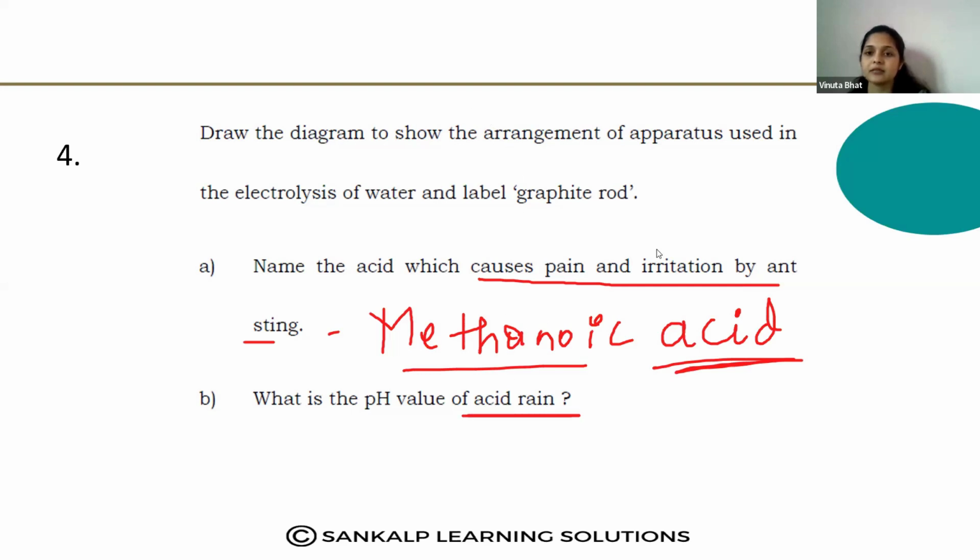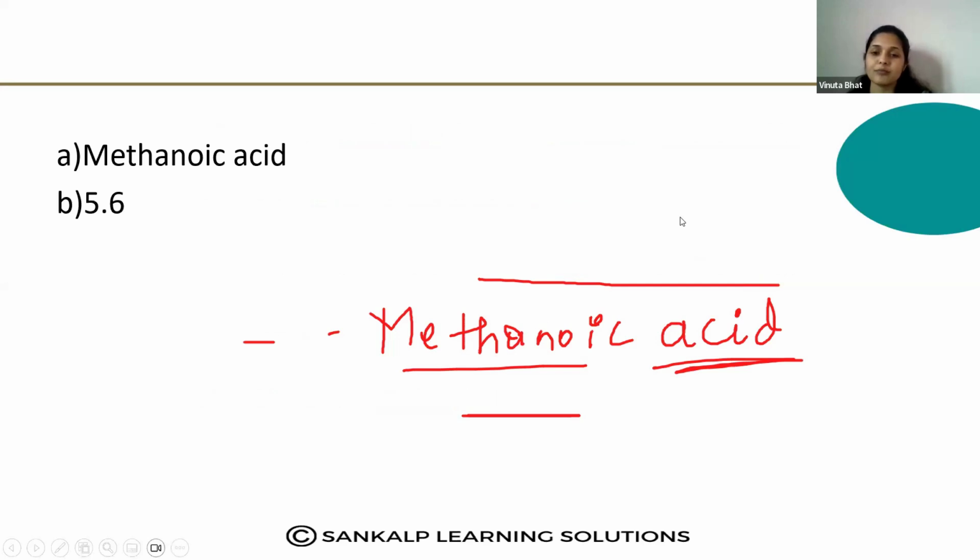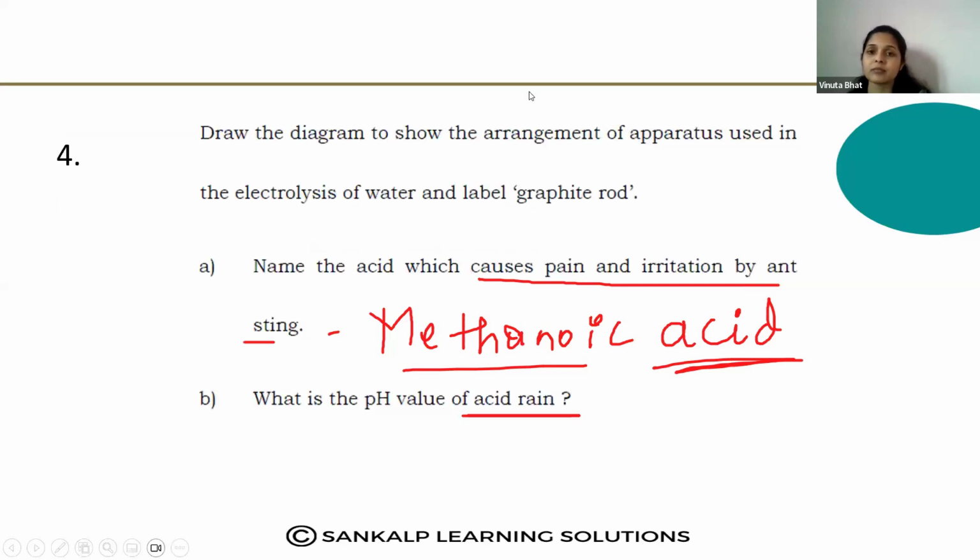That is just 5.6. When the pH becomes below 5.6, it is called acid rain. The pH value is 5.6.